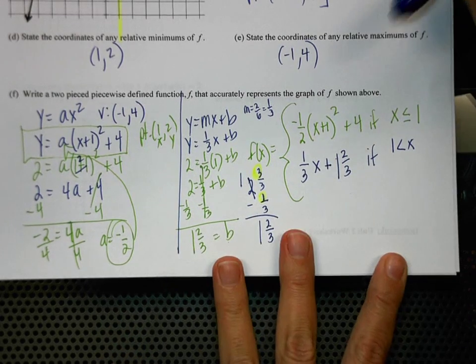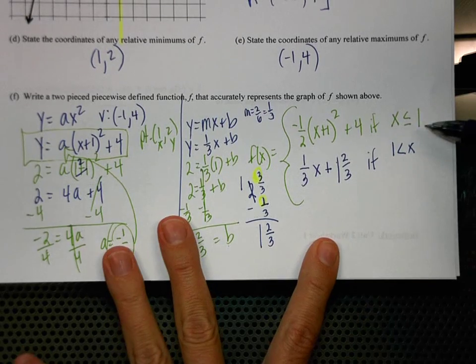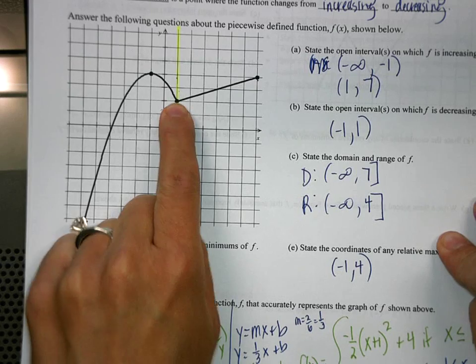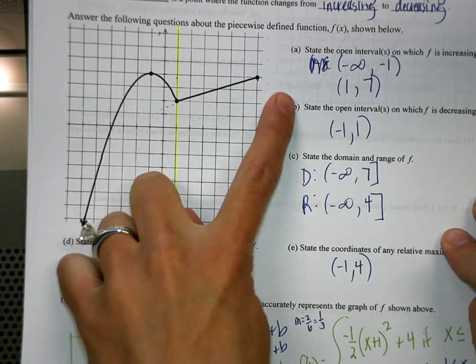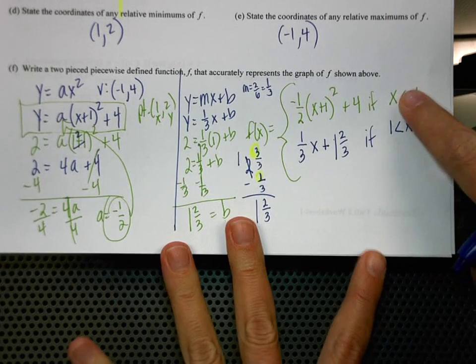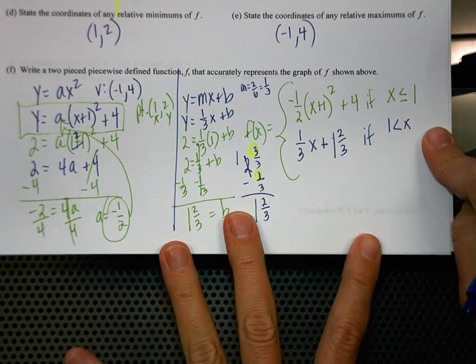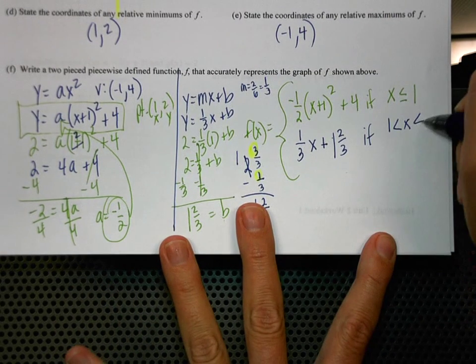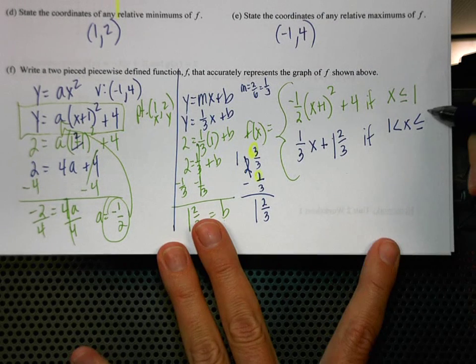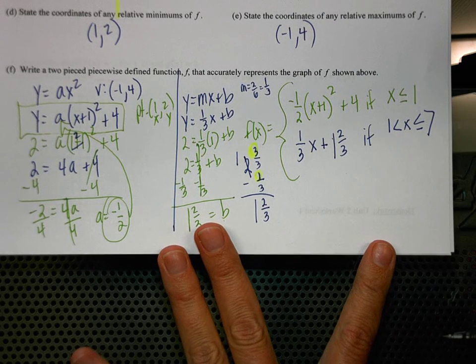And I couldn't do less than or equal to because it can only be equal to 1 for one of the functions. Since I made it equal to 1 for my parabola, I can't have it equal 1 here. A lot of you forgot that too, but you can only have the equals 1 on one part of the graph. And then less than or equal to, and then what's that last value? 7. Okay, and so that's my piecewise function.